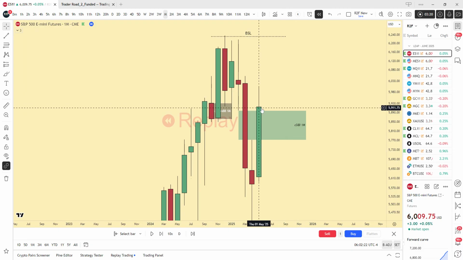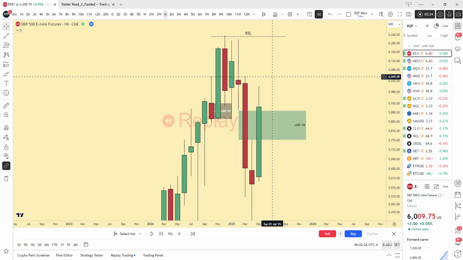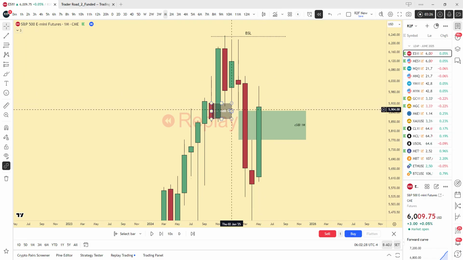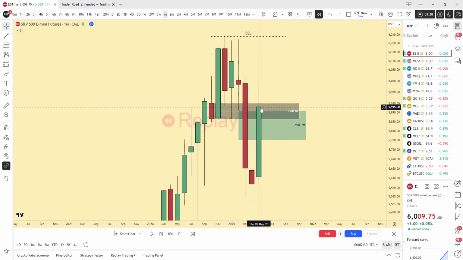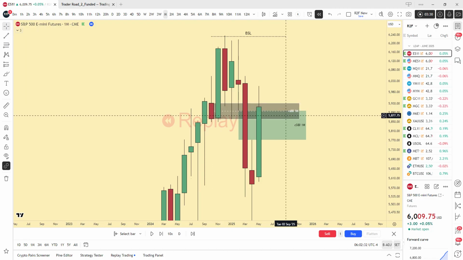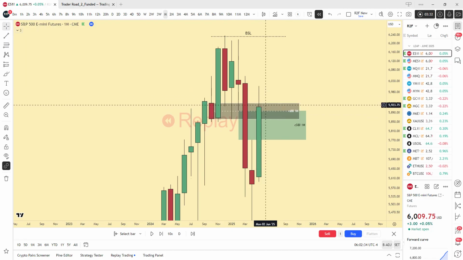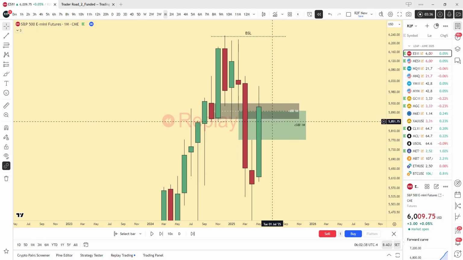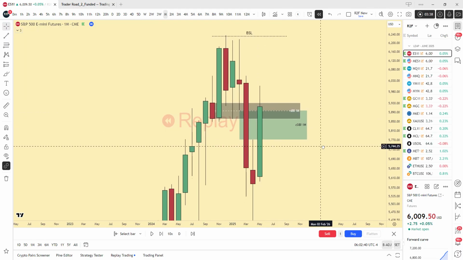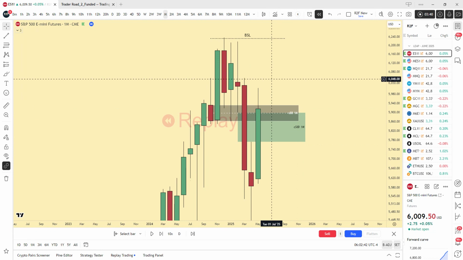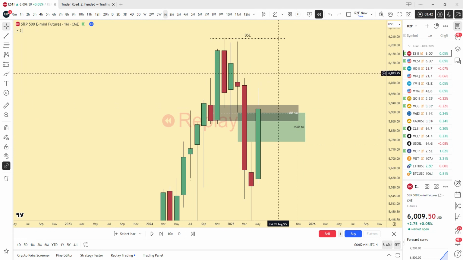Okay, and we closed above it. We closed above it, and we have this here, this previous breaker. We did not close above it, but we still have this possible inversion gap if we wanted to trade higher, right?